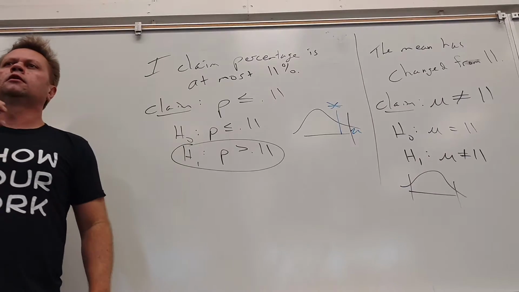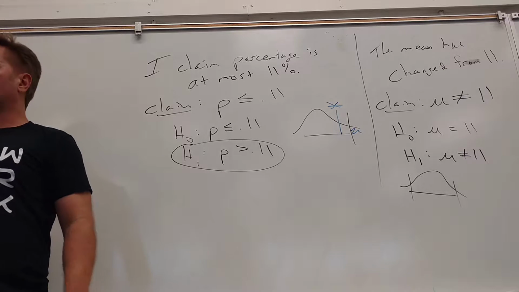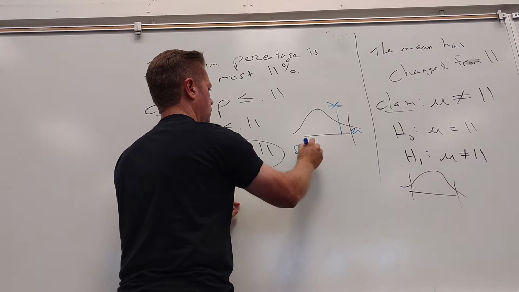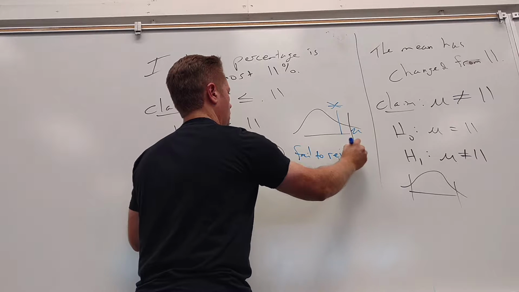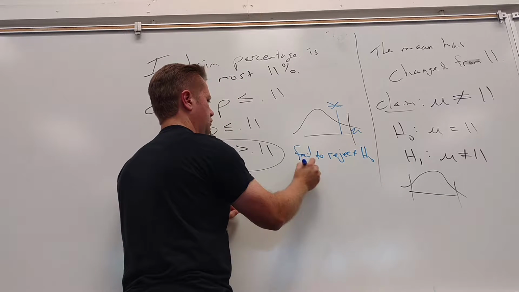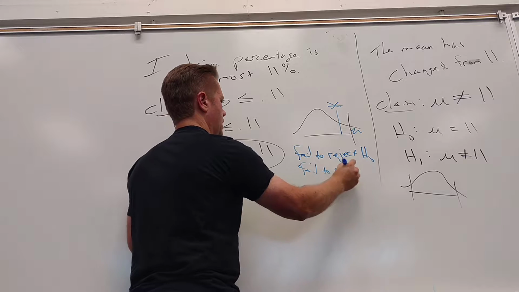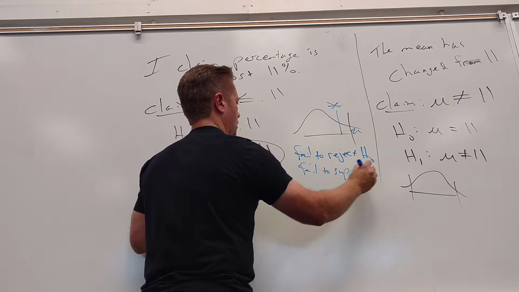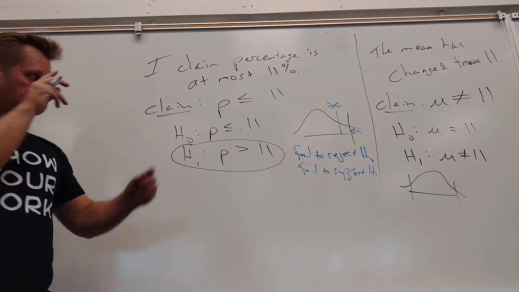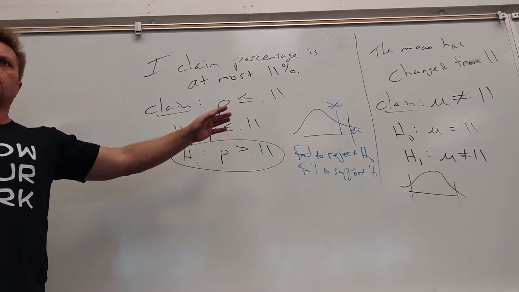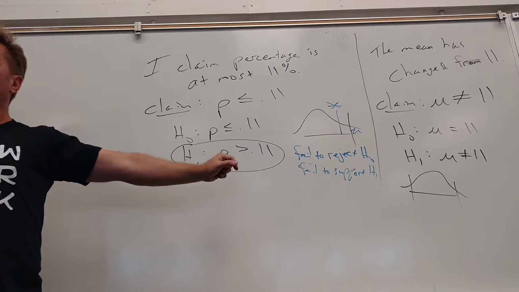What can I say? Fail to reject the Ho, fail to support the Ha. I like it. And specifically for this one, what language would I use to start writing the conclusion?